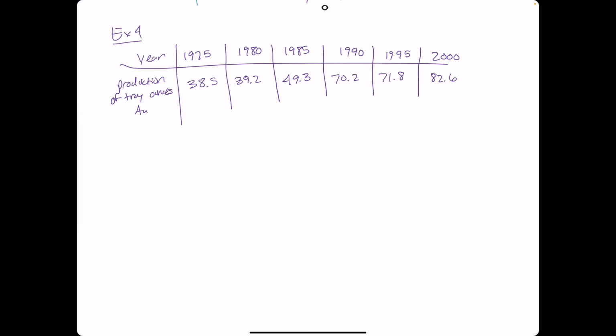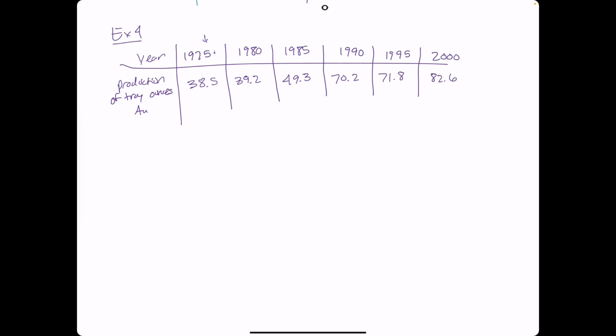Oh, you know what they did though? I want to point out real quick. They didn't use the actual numbers of 1975, 1980. They said to enter the data, let 0 represent 1975.